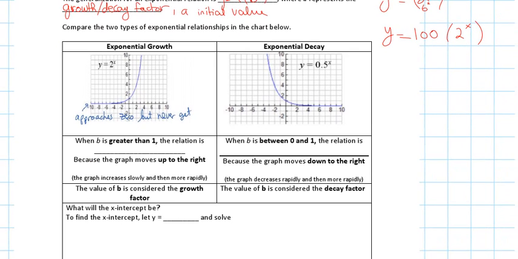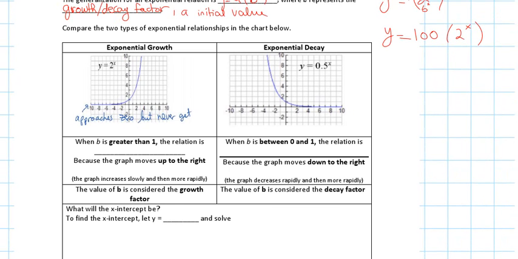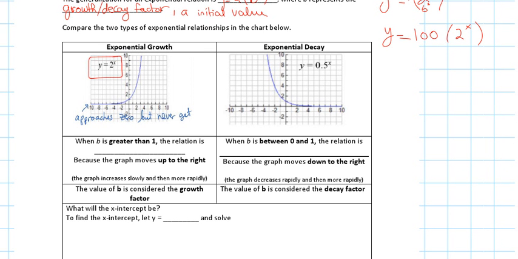So what's the difference between this equation right here, and this equation right here? What do you notice the difference between the two equations? One is a 2 base, and the other one is a 0.5. Why is a 0.5 an exponential decay? Because you're multiplying the y values by 0.5 multiplied by itself, so multiple times, right?